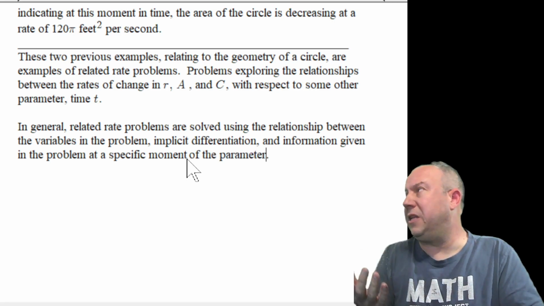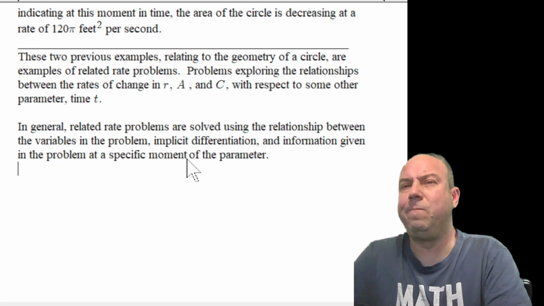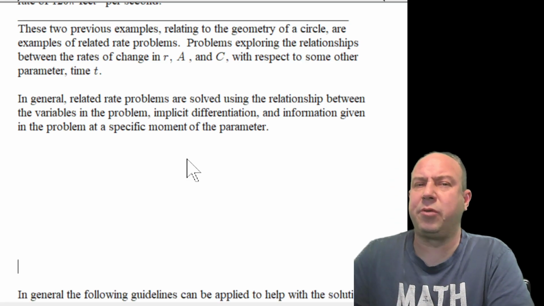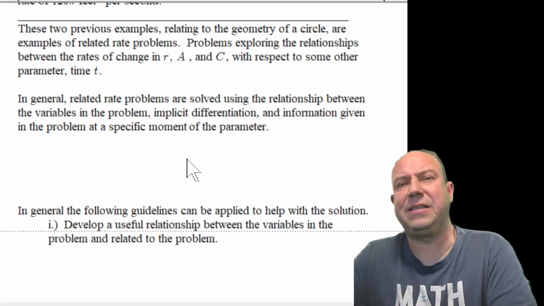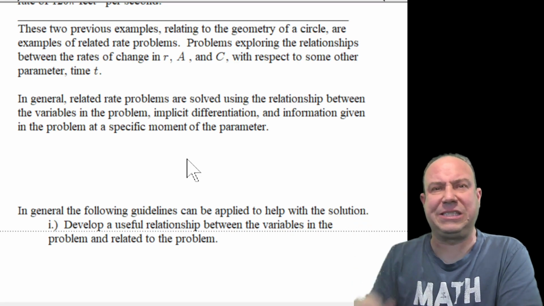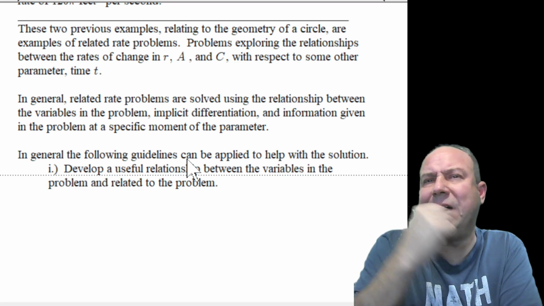It could be a moment in time, or it could be a moment of some other value. Maybe it's number of items produced in a manufacturing process. Maybe it's at the moment we've produced 600 items. Right? It's just a moment of a parameter.